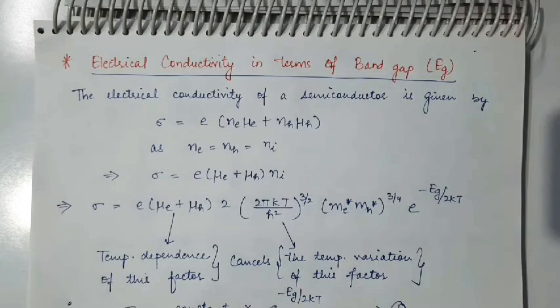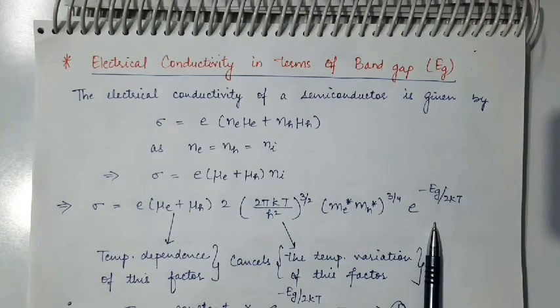From this expression we can conclude what will be the variation of conductivity with the temperature in case of semiconductor. But on the right hand side there are three terms which vary with the temperature. One is mobility of electron and hole, it varies with temperature. Second, this T^3/2 factor, and third is this exponential factor.